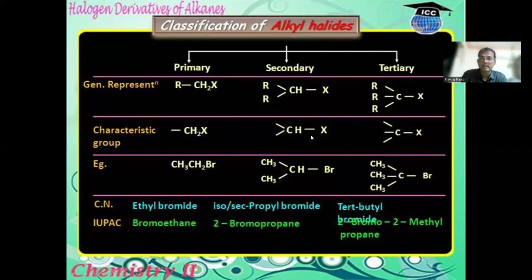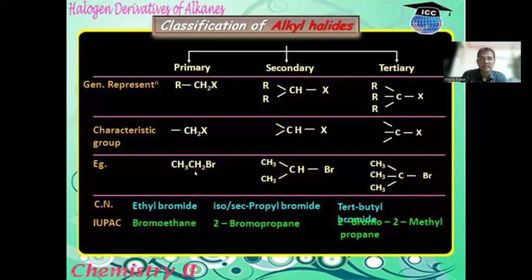Then for secondary, two valencies are unsatisfied, and for tertiary, three valencies are unsatisfied. This is the characteristic group of primary, secondary, and tertiary.